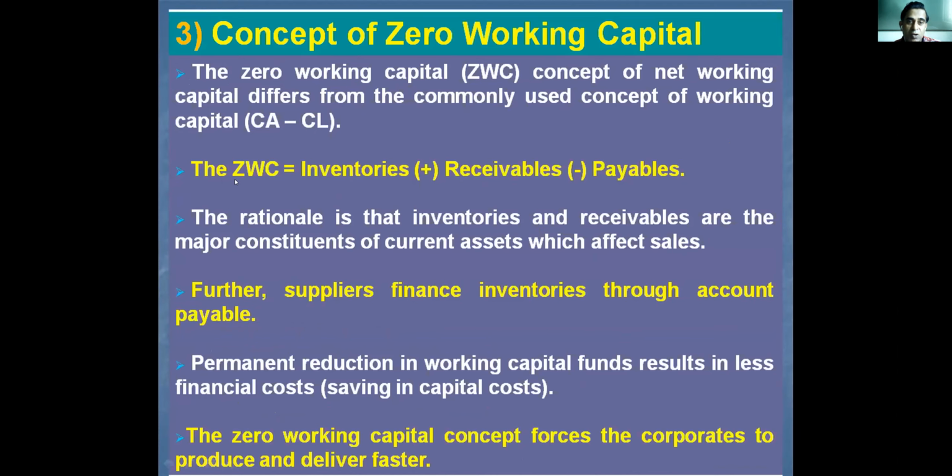So zero working capital is equal to inventories, inventory of raw materials, inventory of finished goods, etc., plus receivables, accounts receivable or debtors, minus payables. The rationale is that inventories and receivables are the major constituents of current assets which affect sales. Furthermore, suppliers finance inventories through accounts payable. See how suppliers finance inventories.